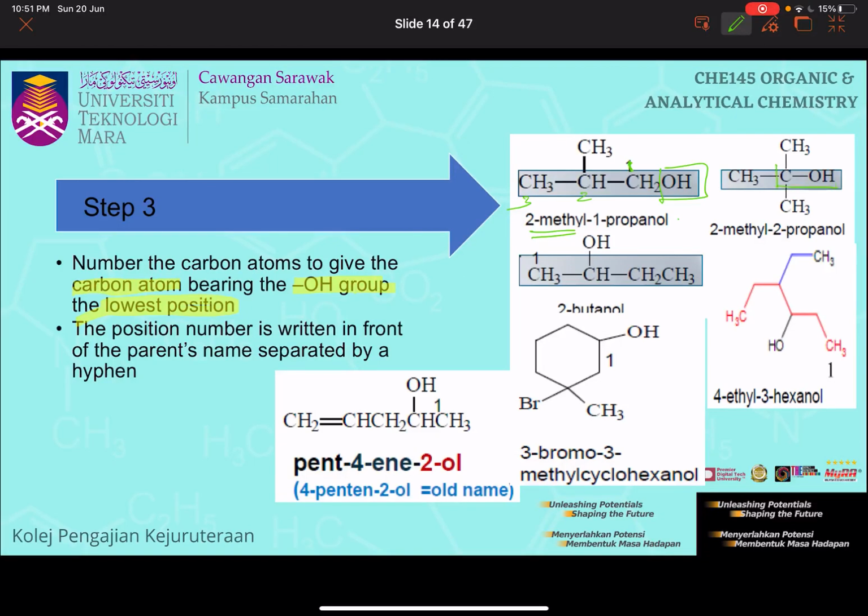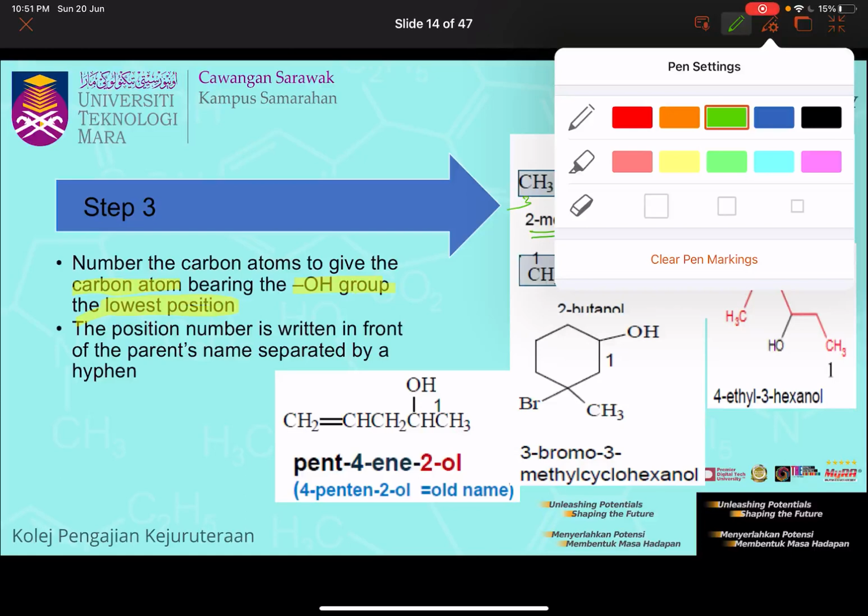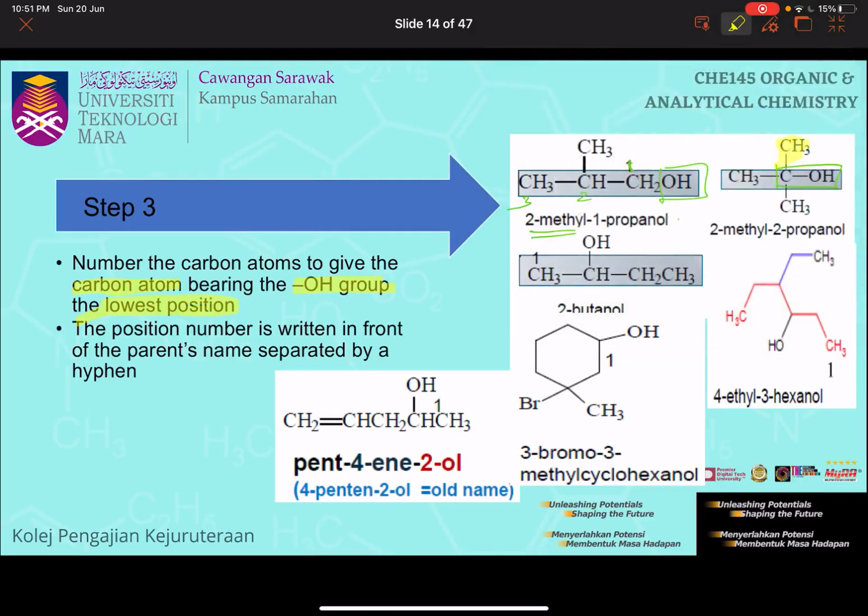Again we look at this and find the longest chain. The longest chain would be 3 carbons. And then let's look at the next one. We have the 4 carbon.